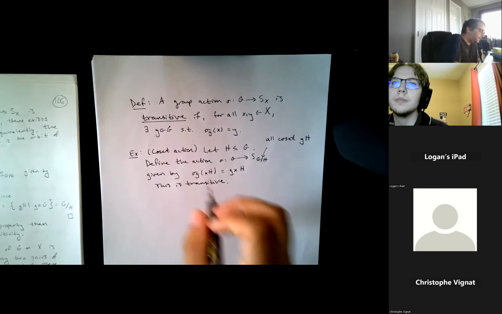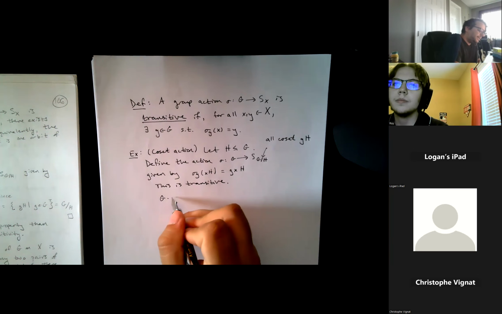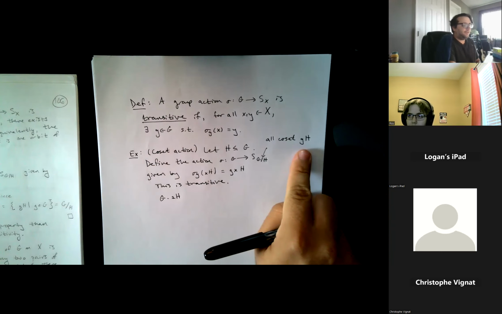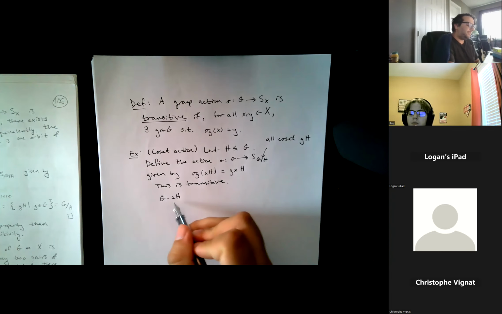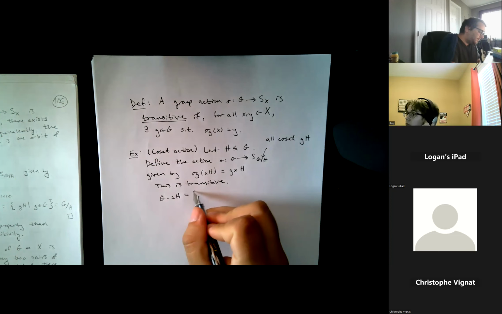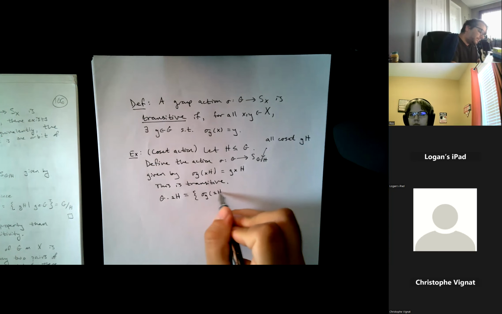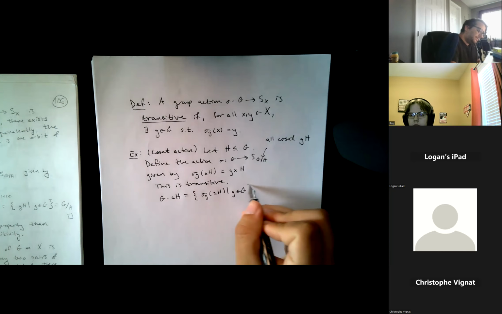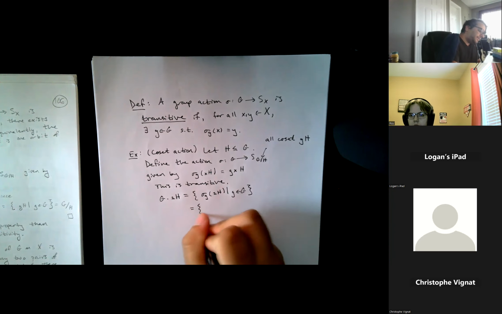So how do we see that? Well, we can just compute the orbit of the identity. So the identity in the set of cosets. Well, I shouldn't say the identity because it's just a set. But this element of the coset is, well, sigma g of 1H such that g is in G. Let's unpack this.